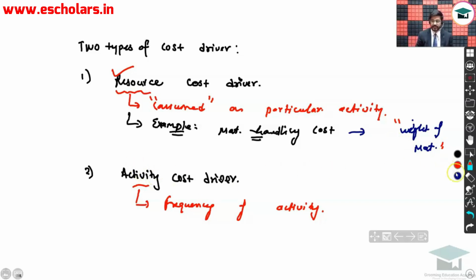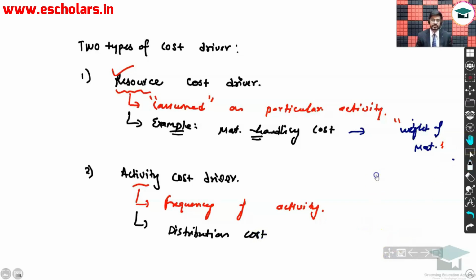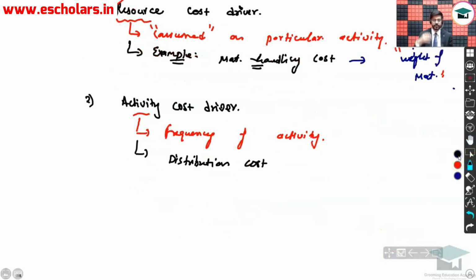Now in case of activity cost driver, let me give you another example. Do you know the distribution cost? Yes sir, we have learned distribution cost. So basically distribution cost means to distribute your finished product to your customer. So you can say like carriage outward, that will be covered in distribution cost.